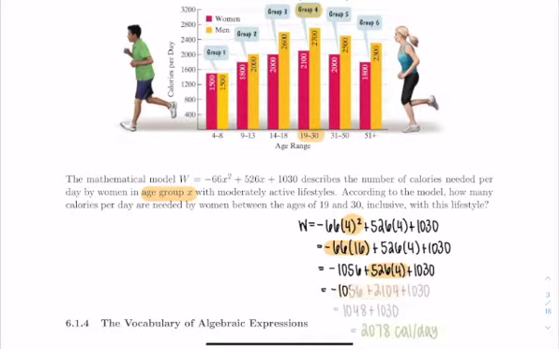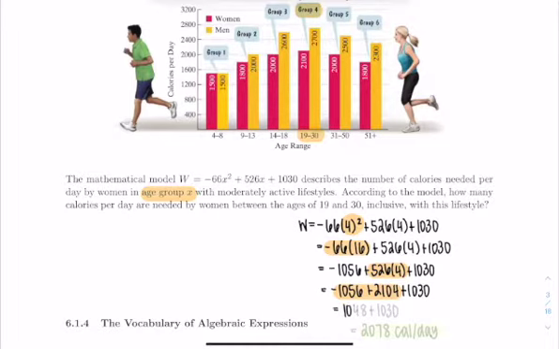So we have negative 1056 plus 2104 plus the 1030. Let's go ahead and simplify the first two terms.